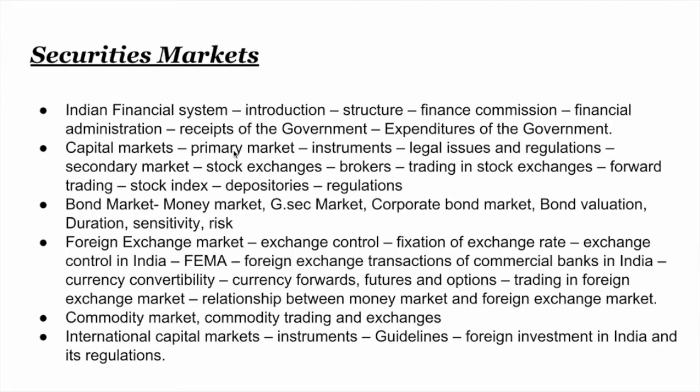It is available only in the primary market. So primary market examples are IPO and FPO, and secondary market examples are BSE, NSE, that is, stock exchanges. It also has parts like brokers, how trading works in the stock exchanges, forward trading, then stock and index, as I told, BSE and NSE.